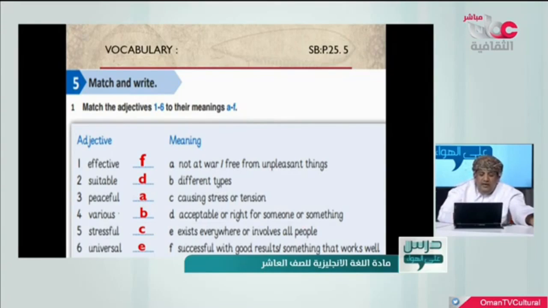The word peaceful means not at war, free from unpleasant things. Number 4, various means different types. Number 5, stressful means causing stress or tension. Number 6, universal means exists everywhere or involves all people. These are the words with their meanings.